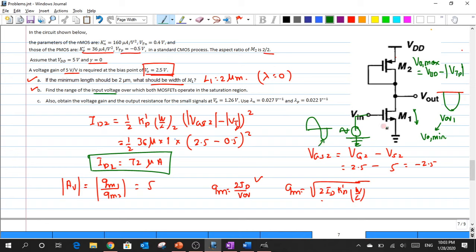So the minimum value that I have to maintain across this VGS is supposed to be equal to VTH. So I get that my Vin minimum is basically my VTH value. But how to compute this Vin maximum?